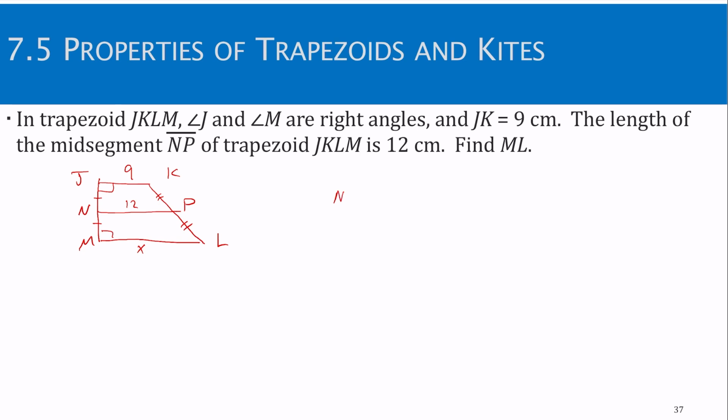Well, we know from the mid-segment theorem that the mid-segment is 1/2 of (B1 plus B2). It's the average of the two bases. Here our mid-segment is 12, and my bases are 9 and x. So to solve for x, I'll multiply by 2 to get rid of the half.